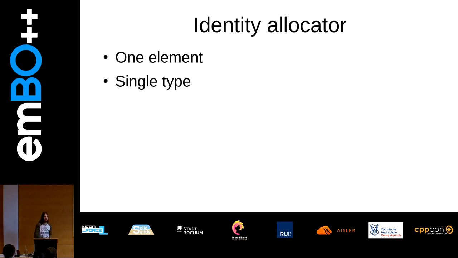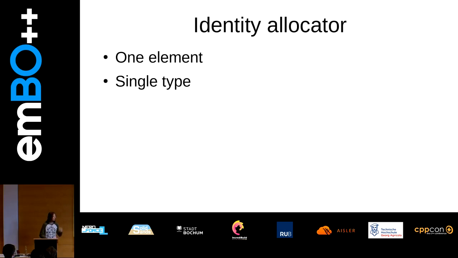Okay, so identity allocator is really simple. When you create an identity allocator, it doesn't actually include a function to allocate elements, because the identity allocator itself does not know where to put types into memory.